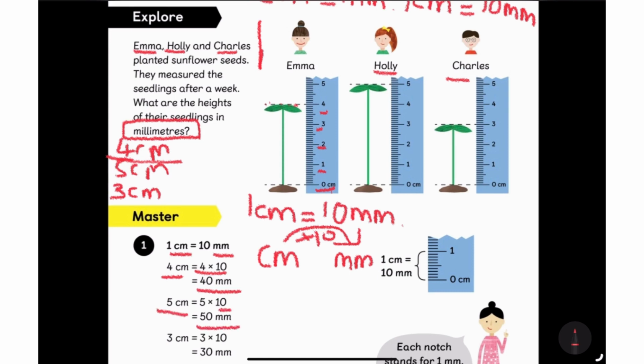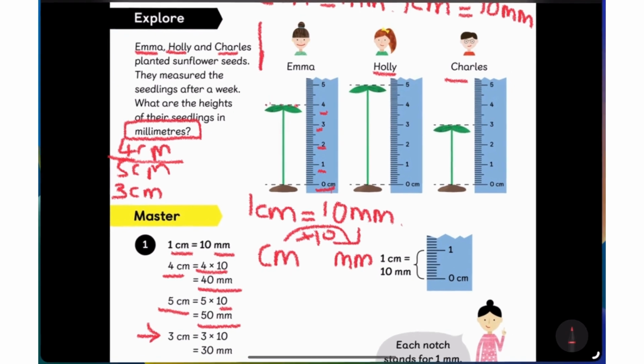So now we could find their heights in millimeters. Accordingly, we are going to go to the next level of solving.